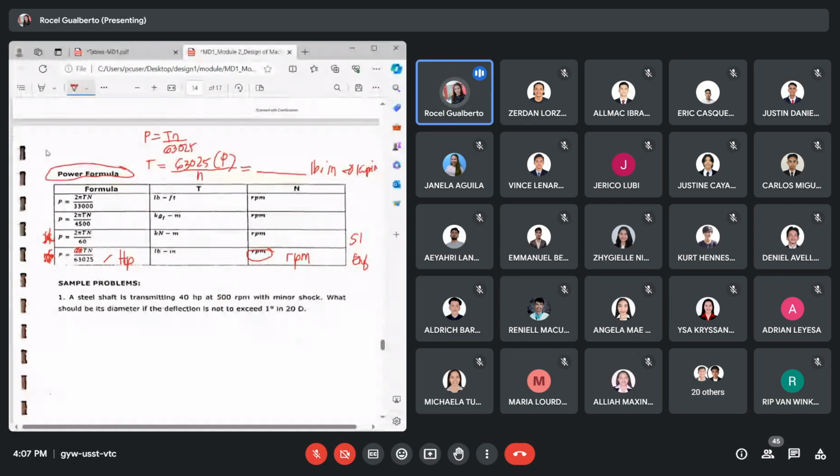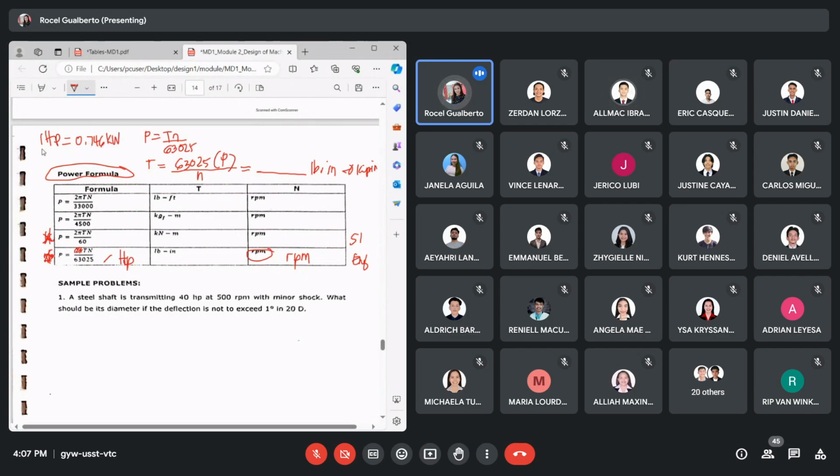Ano po ba yung ating mga units ng power? We have horsepower, we have watts, kilowatts, yan po yung pinakamadalas. And if you wish to convert that, 1 horsepower is how many kilowatts? 0.746 po. 0.746 kilowatts.